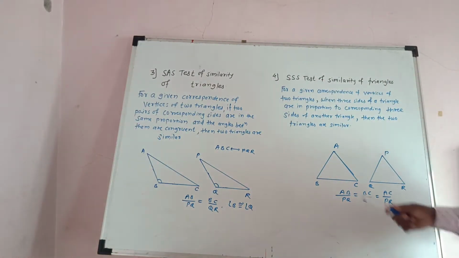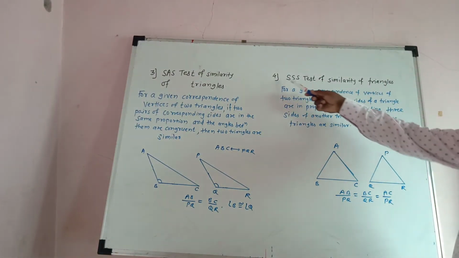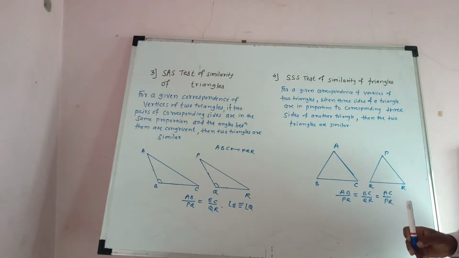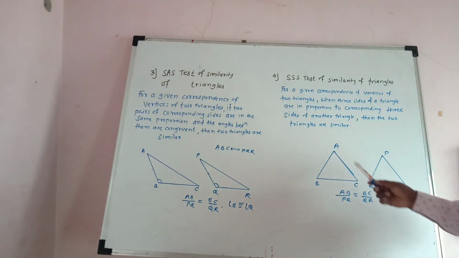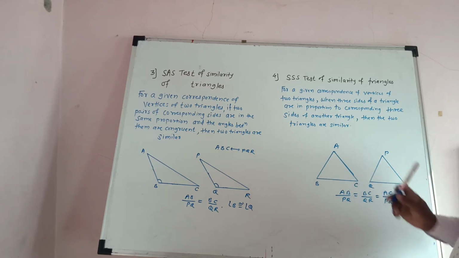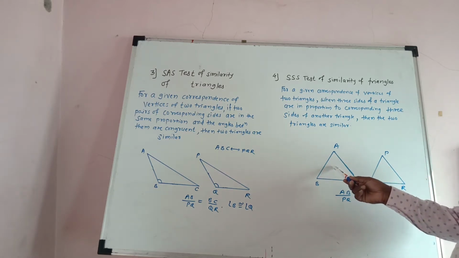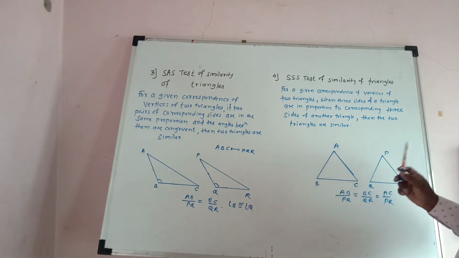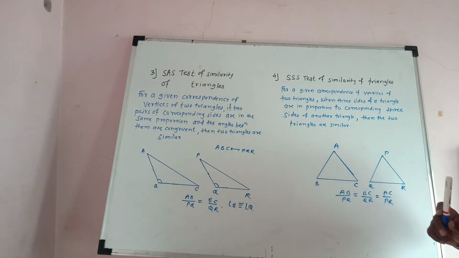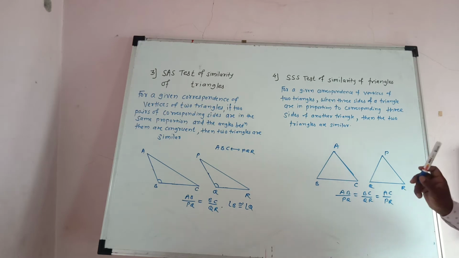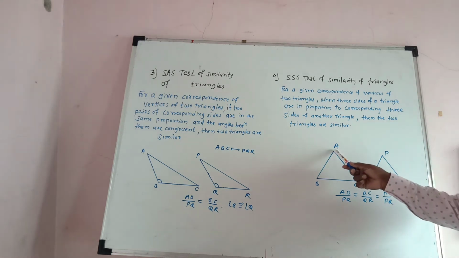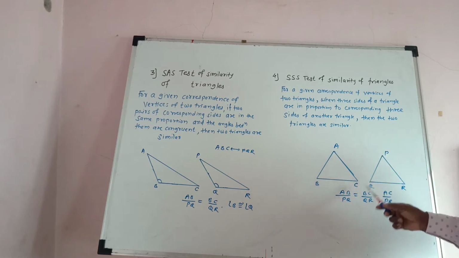Then next is the SSS test, side side side test of similarity of triangles. If the ratio of corresponding sides of the first triangle to the second triangle is equal, then it is called the SSS test. That is AB upon PQ, BC upon QR, AC upon PR.